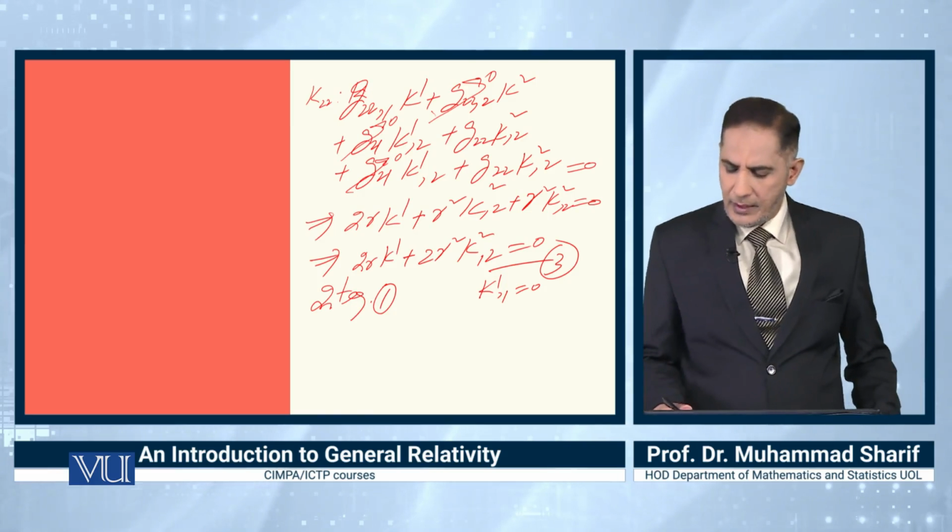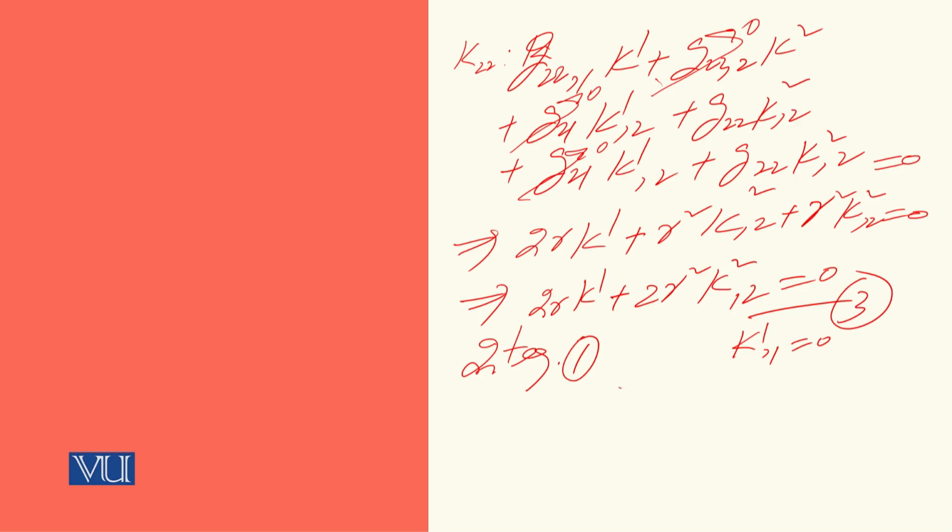So when we integrate with respect to r, then we have k1 is equal to some arbitrary function of theta, f of theta. So inserting this value in equation number 2, we can write k2 comma 1 is equal to minus 1 over r square f theta theta.